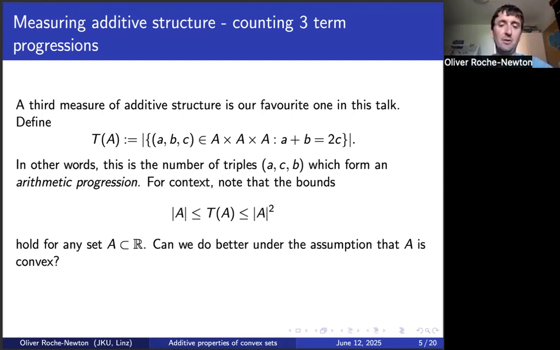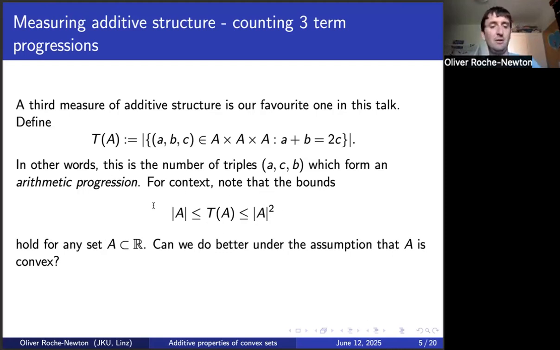The upper bound: T of A is always at most the size of A squared. This is for any A, again because two variables determine the third one. The lower bound is again coming from the trivial progressions, the progressions with common difference 0. They don't really sound like three-term arithmetic progressions, but they all are according to this definition. So we're somewhere in this range.